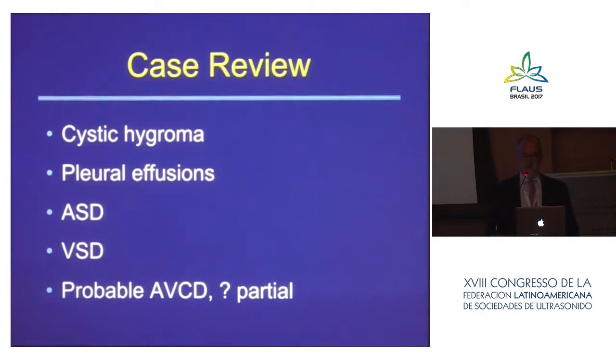So we have a cystic hygroma, pleural effusions, atrial septal defect, a ventricular septal defect, probably some type of abnormality of the atrioventricular canal defect, probably a partial one, given the ASD and the VSD.